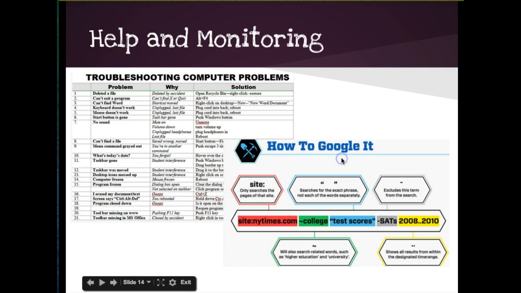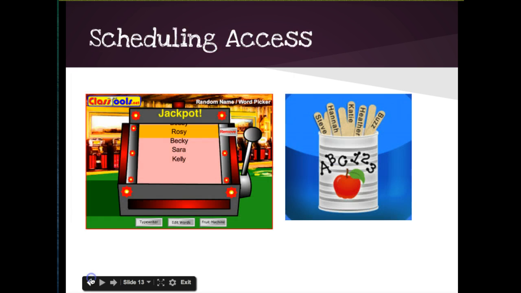And StickPick is actually an app where it's the whole idea of just choosing a popsicle stick out of a can. You could also do an actual popsicle stick can to schedule or to pick who's next on the computer. So just some ideas to make sure that it's equitable access for students.